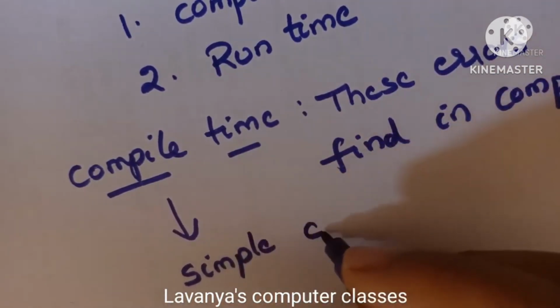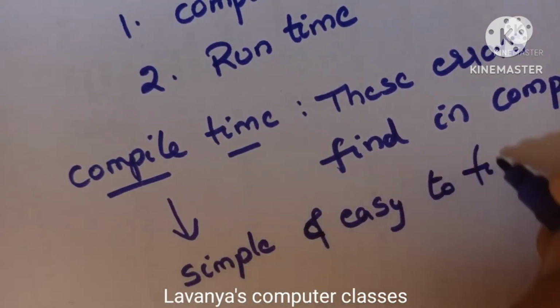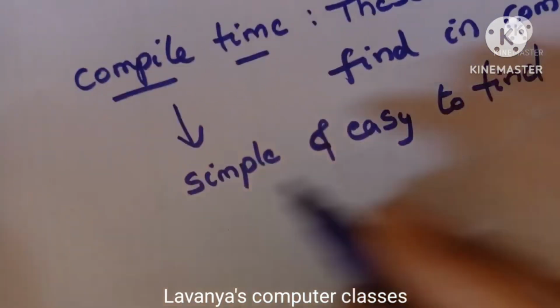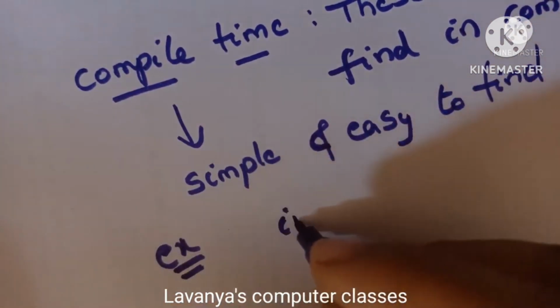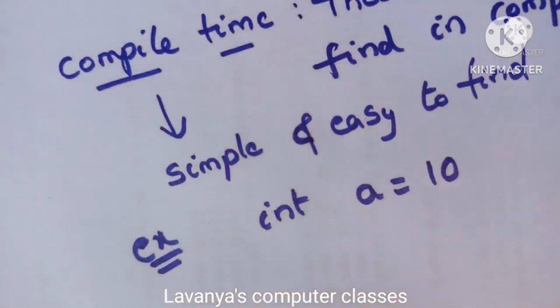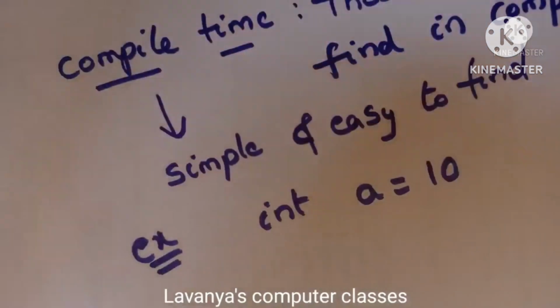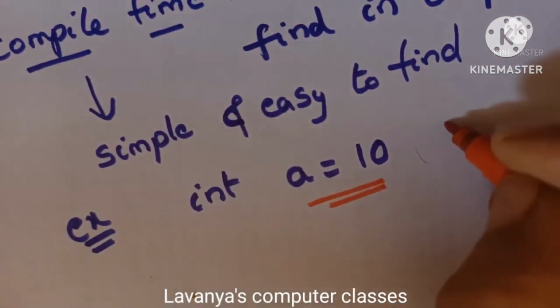These are simple and easy to find also. That's why at compile time you get almost all syntax errors. For example, I declare one variable like int a = 10. In Java or C language, each and every line ends with a semicolon.